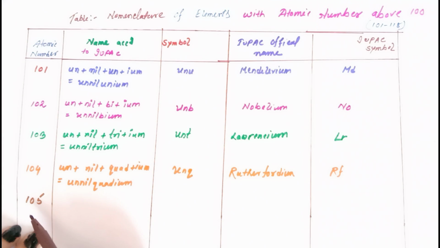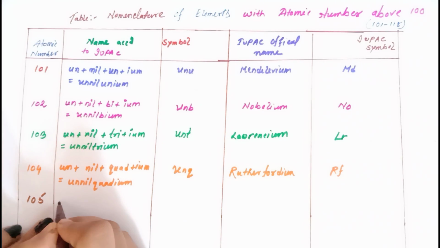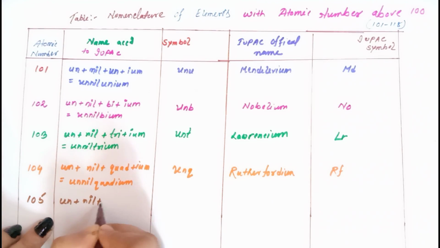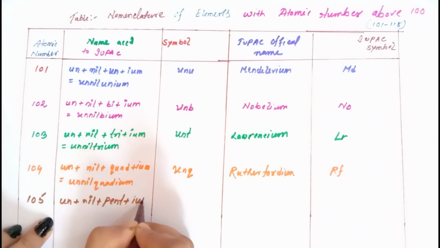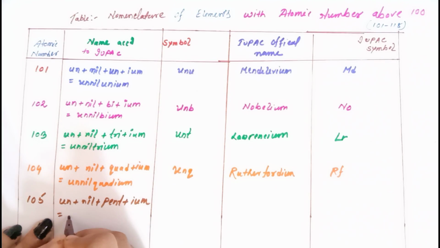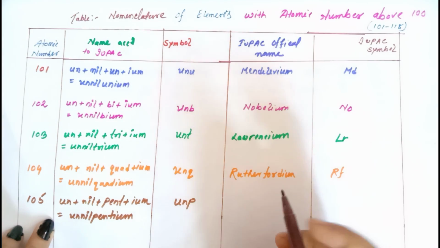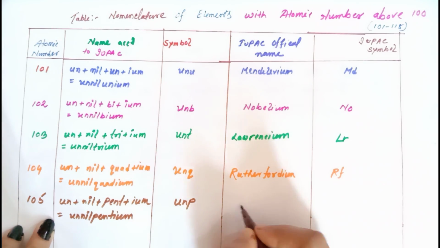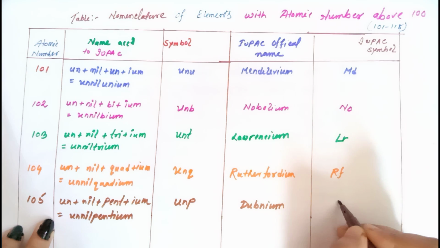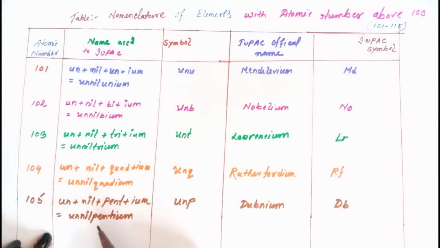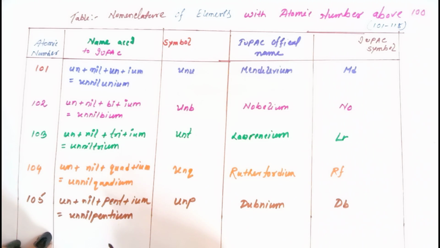The next element has atomic number 105. It will be named Unnilpentium. The IUPAC official name was Dubnium, and it is symbolized as Db. So applying this rule, we can name all the elements having atomic number greater than 100.